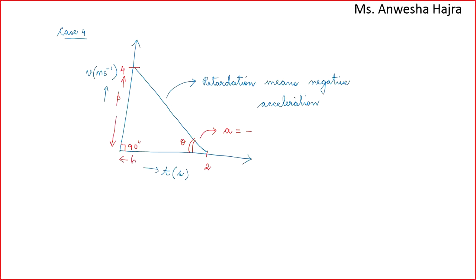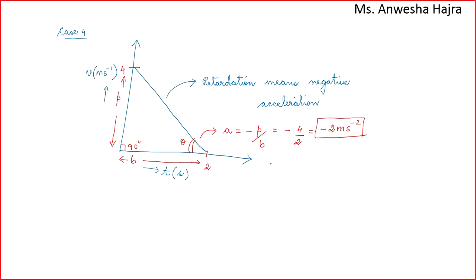This is the base. Acceleration is negative slope. What is slope? Slope is perpendicular by base. So it is minus 4 by 2, so it is minus 2 meter per second square. Acceleration is minus 2 meter per second square.